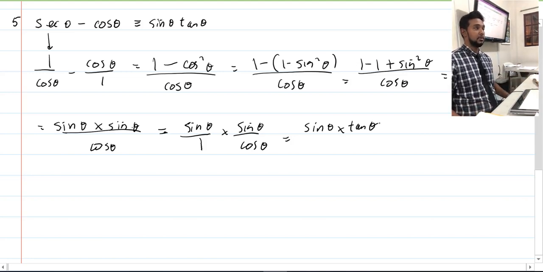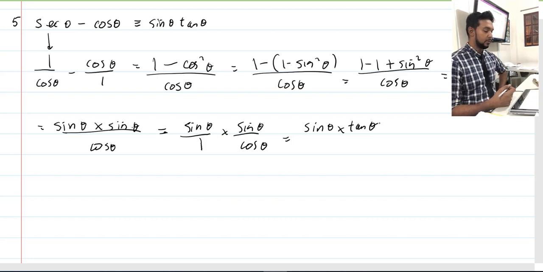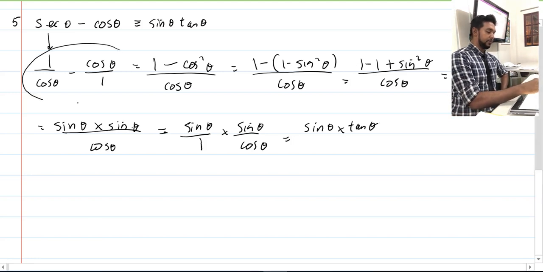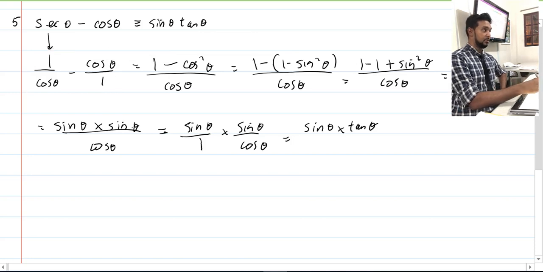Okay. Any questions? Any problems? When you did the cos squared, I didn't do that. I just put sine squared. So I didn't put 1 minus open brackets 1 minus sine squared. So in other words, it jumped from here to here, all the way to the end. Oh, wait, yeah.